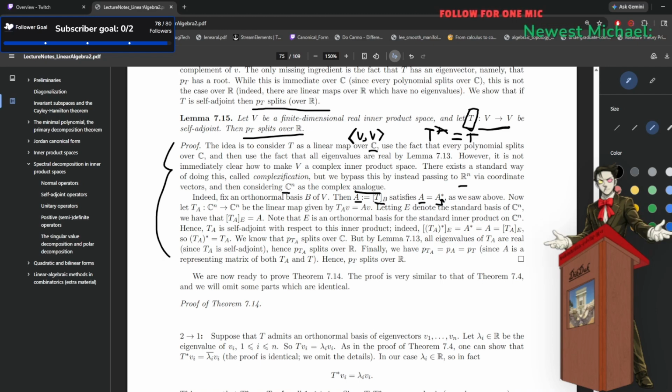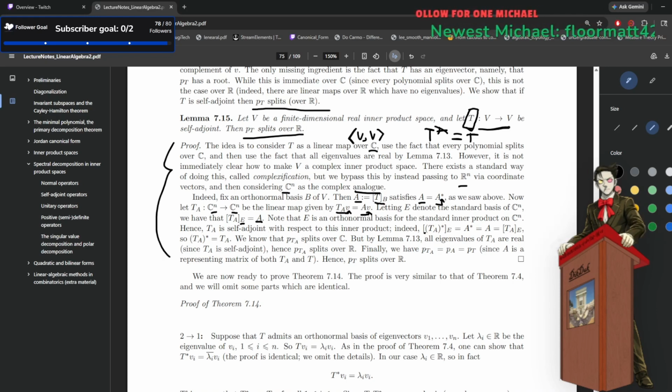Now, let T_A of Cn to Cn be the linear map given by T_A applied to the vector v is equal to the matrix A applied to v. Now, as we saw above, this transformation in the standard basis is equal to the matrix A. Note that E is an orthonormal basis for the standard inner product on Cn. Hence, T_A is self-adjoint with respect to this inner product.